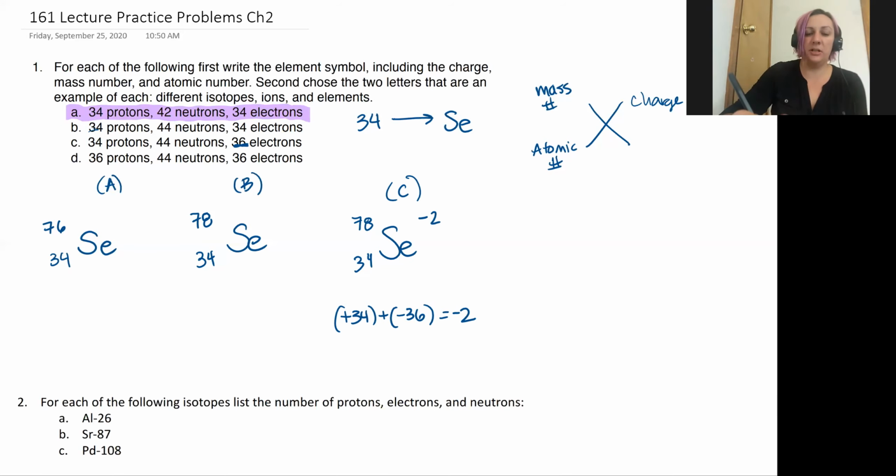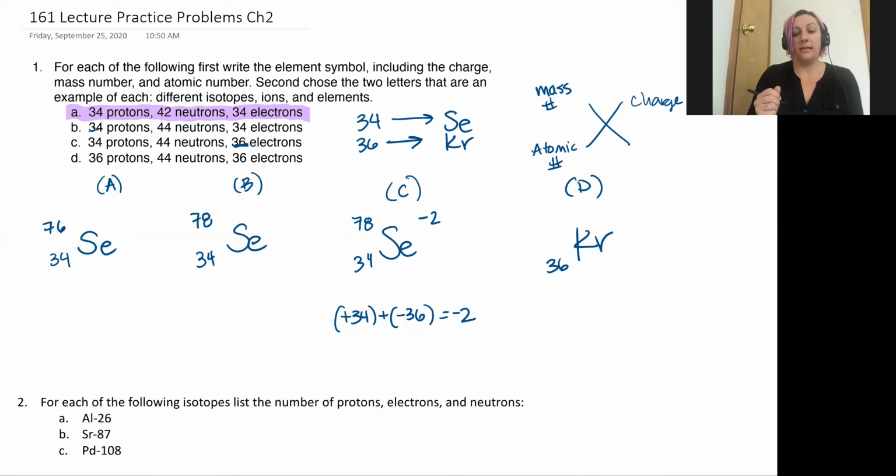All right, let's go to D. 36 protons this time, so it's not selenium. So now I'm going to go look at my periodic table and find the number 36, and that should correspond to krypton. So I'll start with my element symbol Kr and add that 36 at the bottom left-hand corner. And now I need to determine the mass number for it.